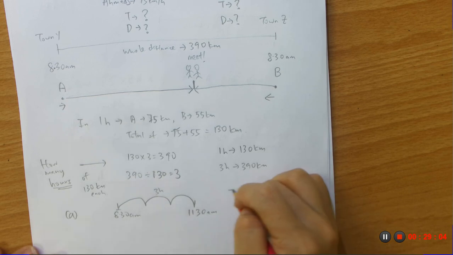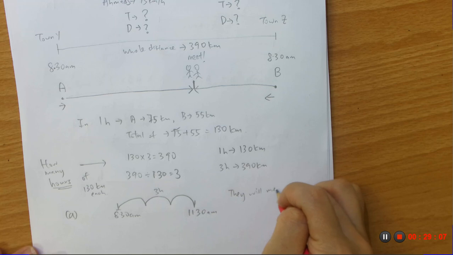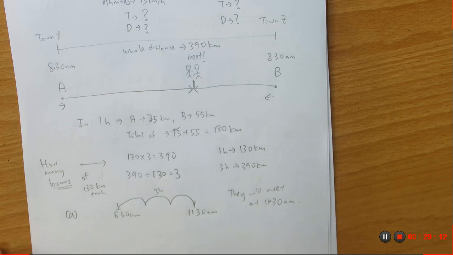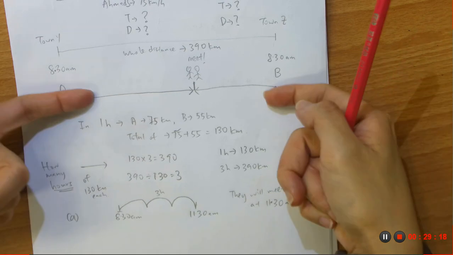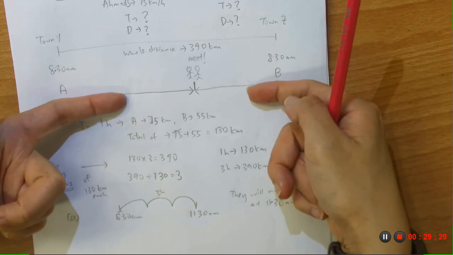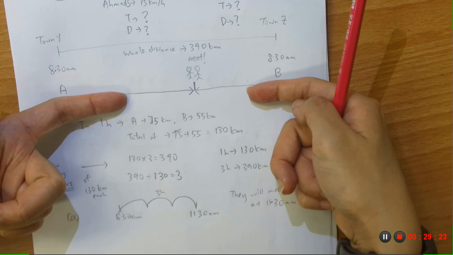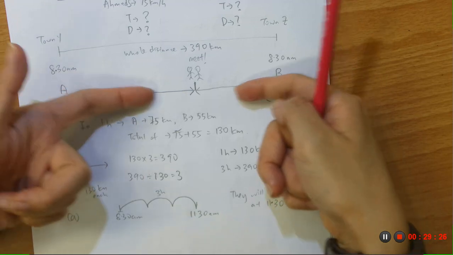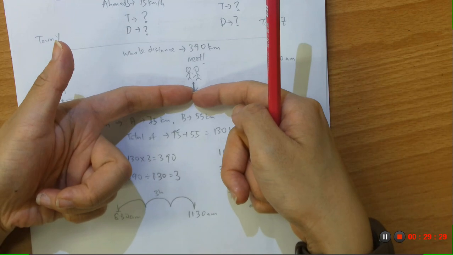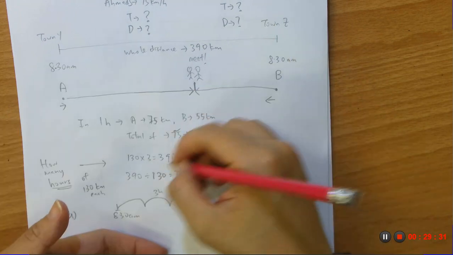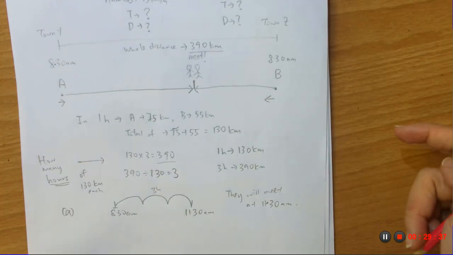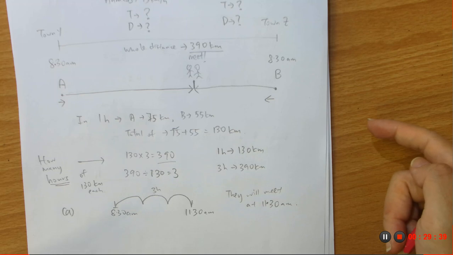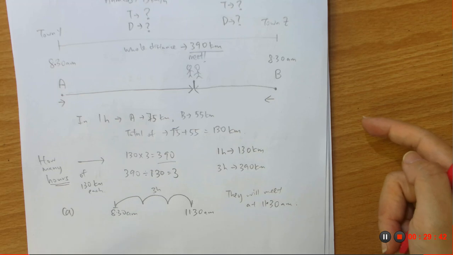So they will meet at 11:30 a.m. In 1 hour, each of them reaches a distance, the total is 130. In 3 hours they will meet. They will cover together the distance required. In 3 hours, they will be able to cover the distance of 390 kilometers together.